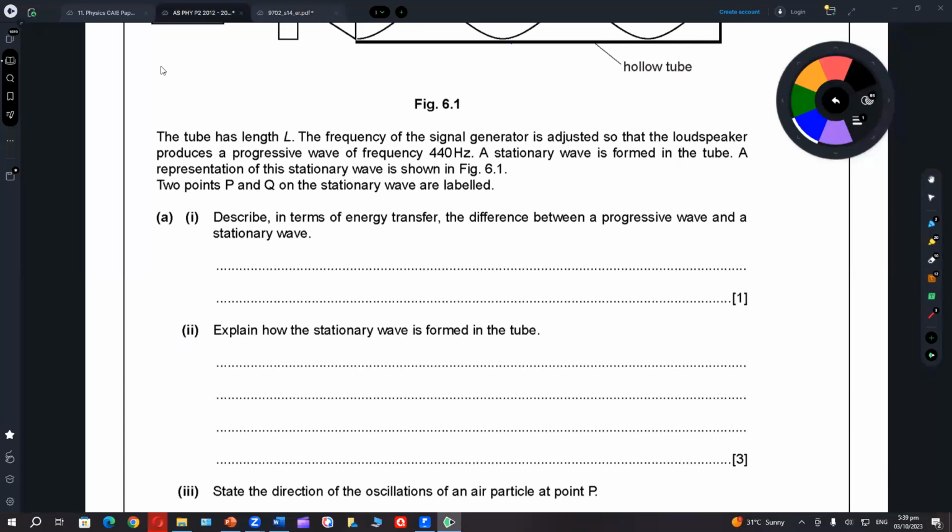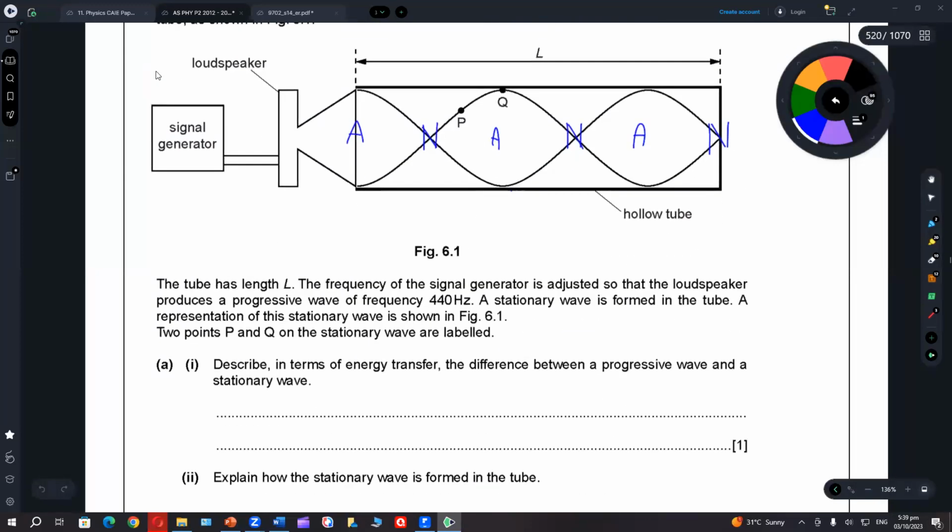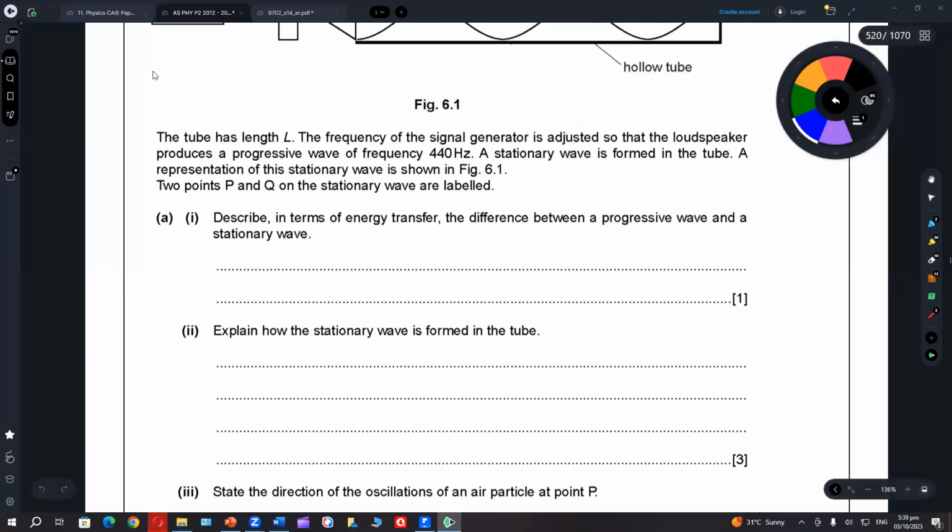So a progressive wave transfers energy away from the source, while a stationary wave... what should I say? Won't you just say that a progressive wave will transfer energy, but a stationary one won't?